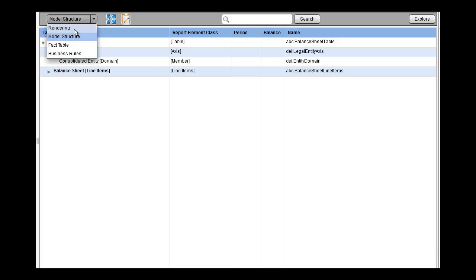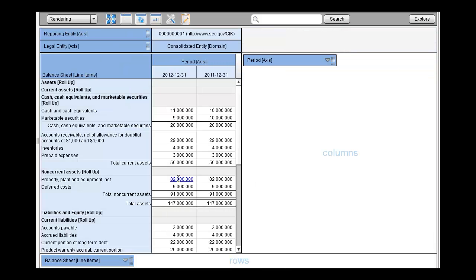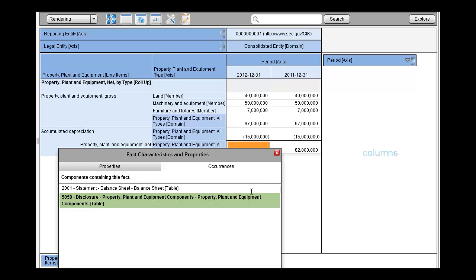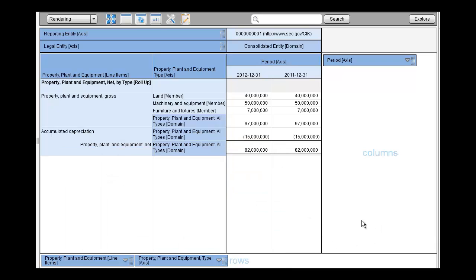So now if I go back to the breakdown of property, plant, and equipment, there's that same fact. Here you can see that property, plant, and equipment is broken down into its components: land, machinery, furniture, and fixture.